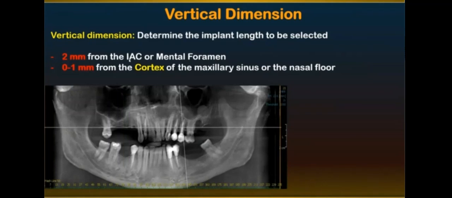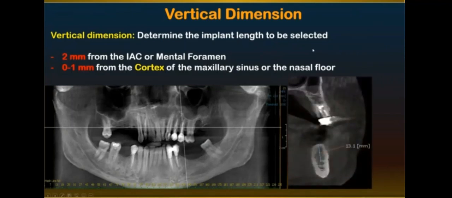What about the maxilla or any bone cavity? We leave from 0 to 1 millimeter from the cortex of the maxillary sinus and the nasal floor. So here we can check the vertical dimension. This height is 13.1 millimeters, which means that I can put a maximum of 11 millimeter implant length.